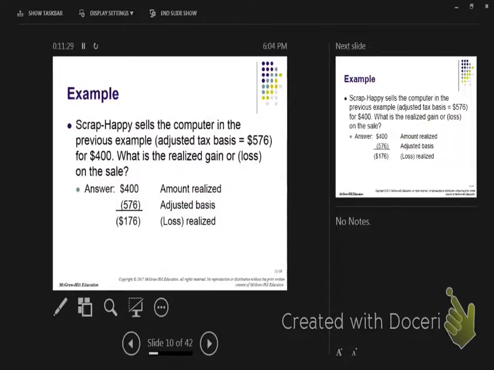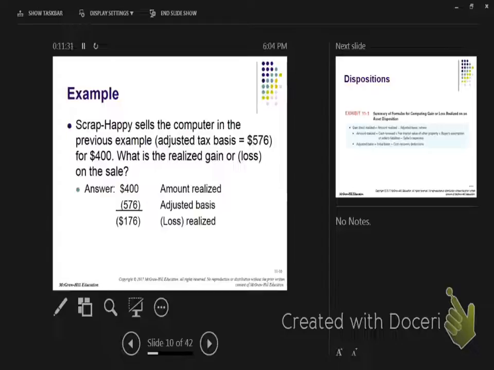So the question's going to be, Scrap Happy sells the computer in the previous example for $400. Our adjusted basis was 576, so we actually have a loss of $176. Now, if you're carrying that computer at $1,200 and you sell it for $400, in our heads, we gained $400.